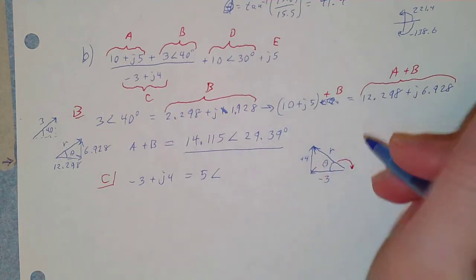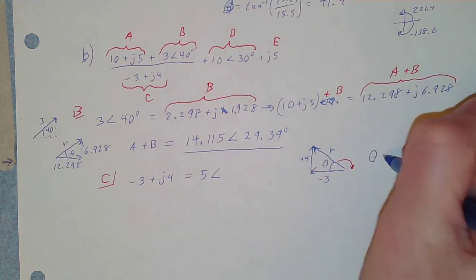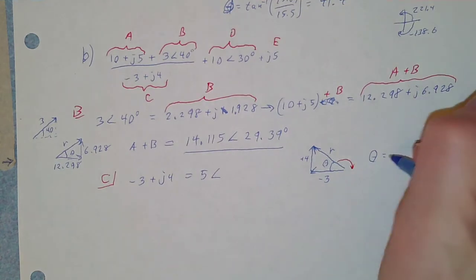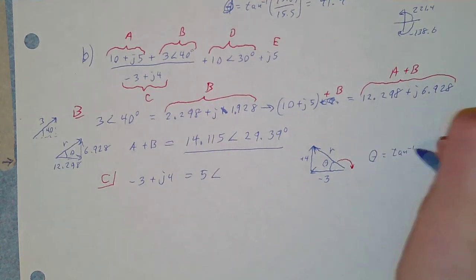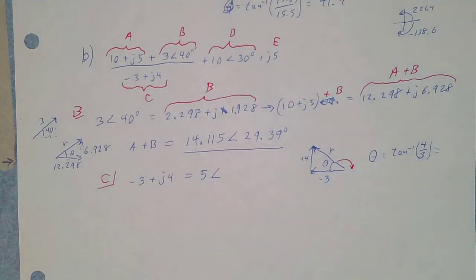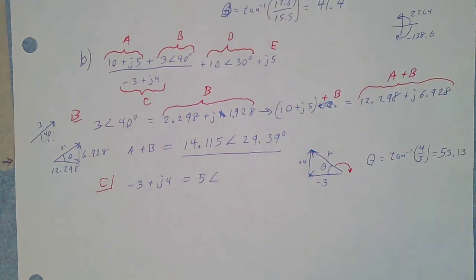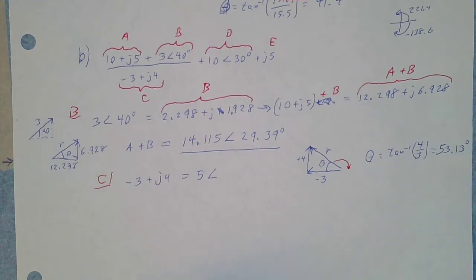This angle theta is inverse tangent of 4 over 3, and that gives you 53.13 degrees.